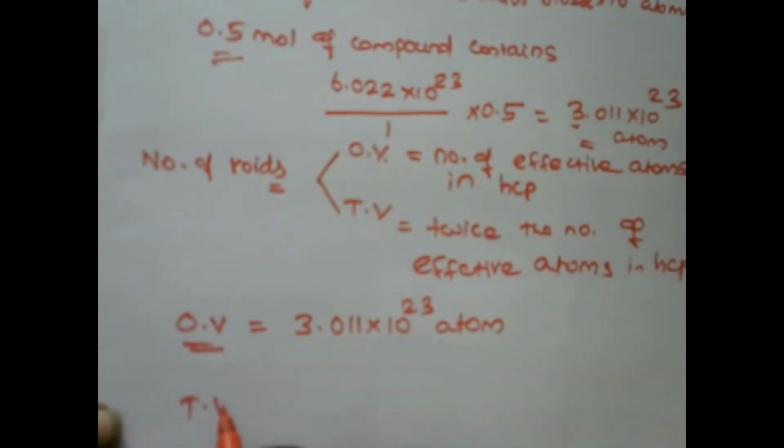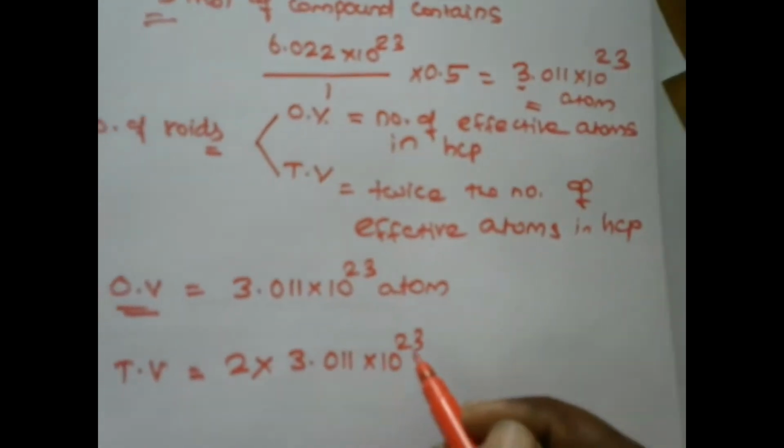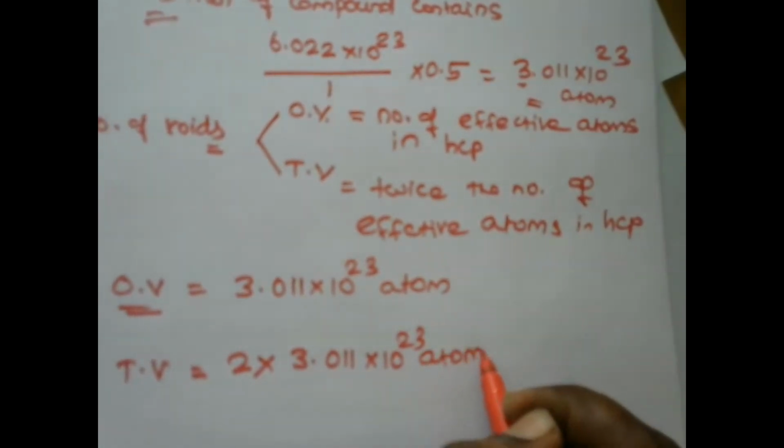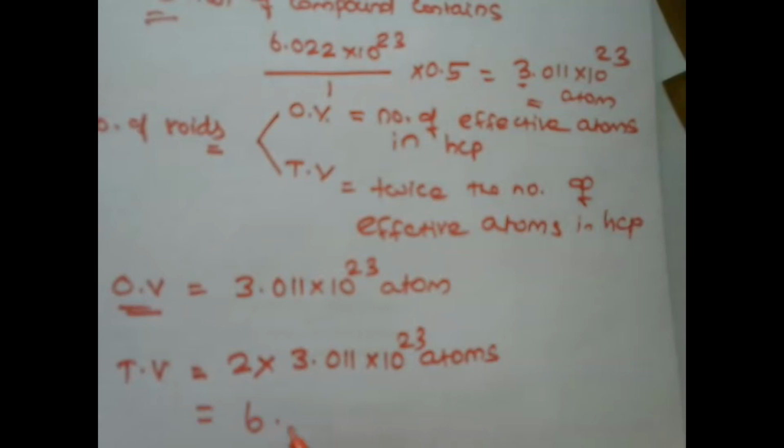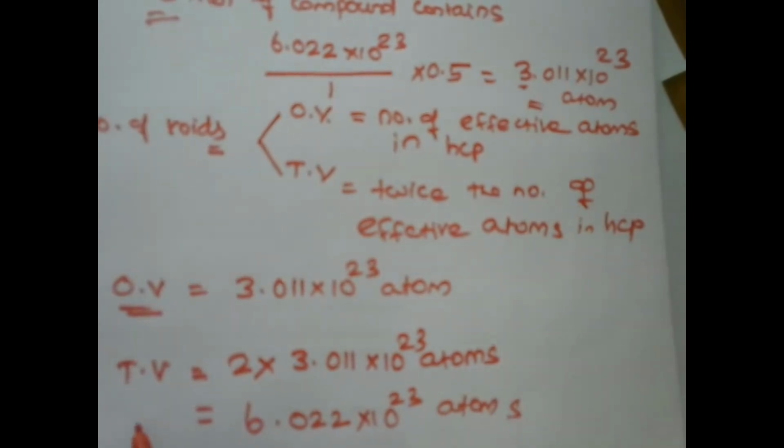Tetrahedral voids is equal to 2 into 3.011 into 10 to the power of 23 atoms, and that is equal to 6.022 into 10 to the power of 23 atoms. So that is TV, the tetrahedral voids. Got it? So this is the answer for the second part of the question.